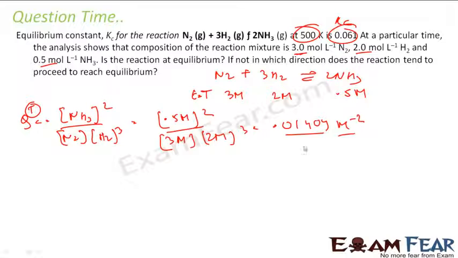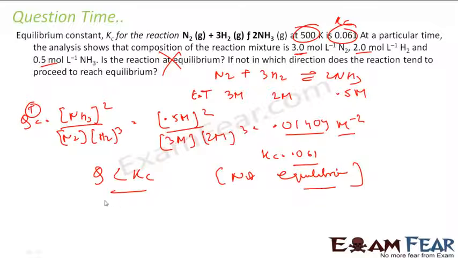If you compare this value with Kc, 0.061, you see that this value is less than Kc. So Qc is less than Kc, it is not equal to Kc, so it is not in equilibrium.